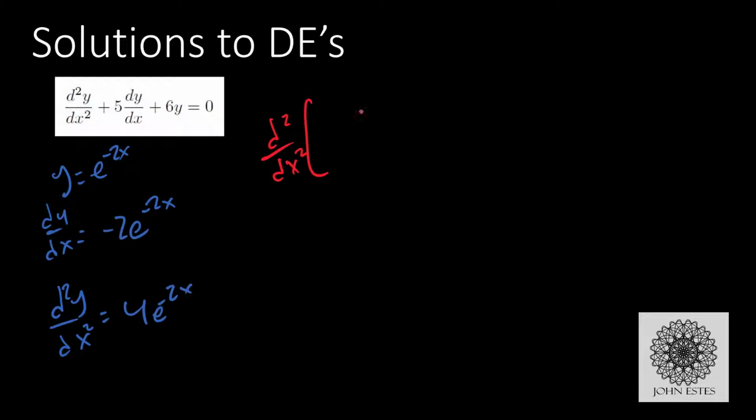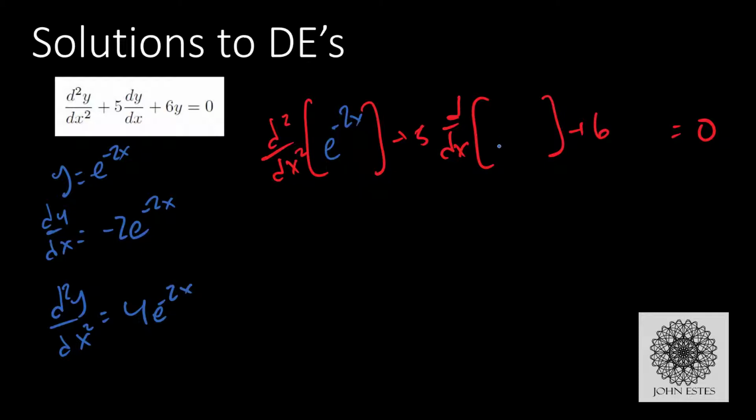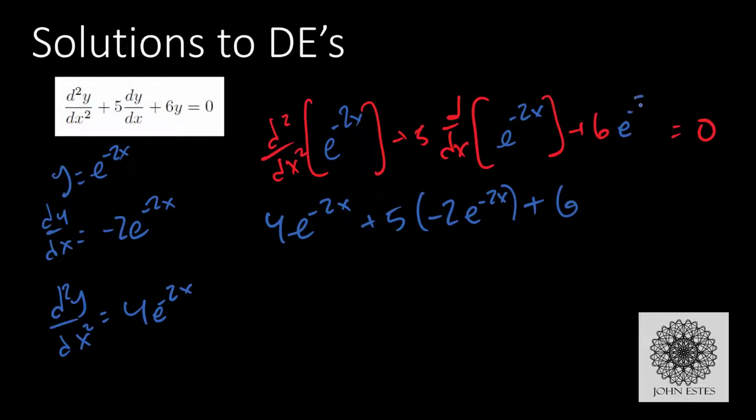So now when I plug that back into my equation, I have the second derivative of my function, plus 5 times the first derivative of my function, plus 6 times my function, and I should get 0. The function I claim works is e to the negative 2x. So if I just apply the derivatives that I've already worked out here in scratch, I have 4 e to the negative 2x plus 5 times negative 2 e to the negative 2x plus 6 e to the negative 2x.